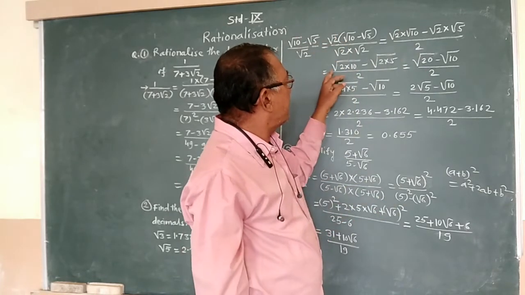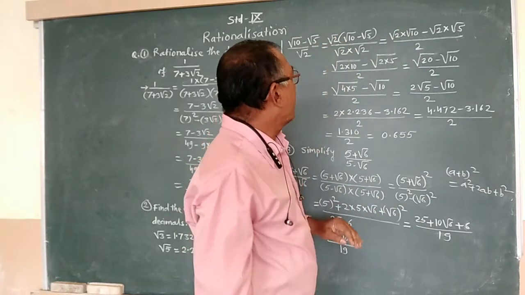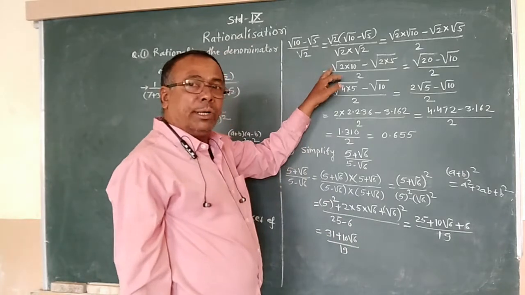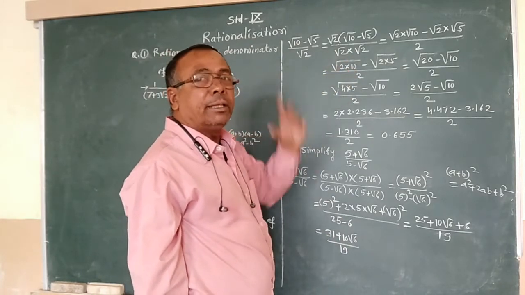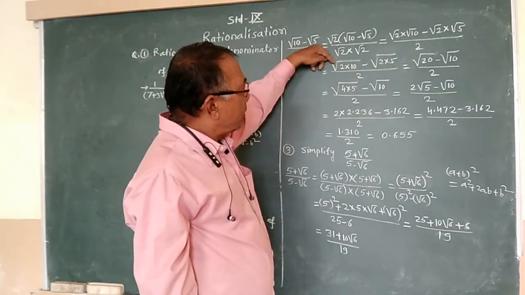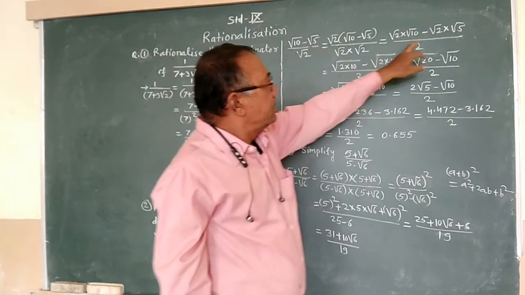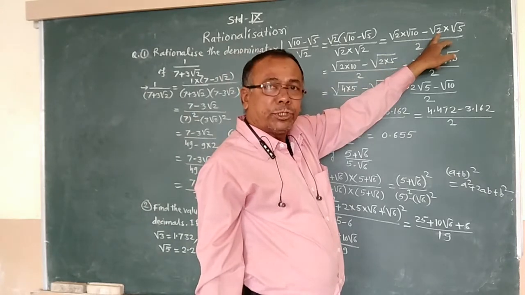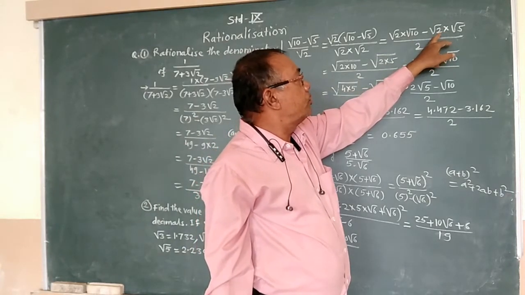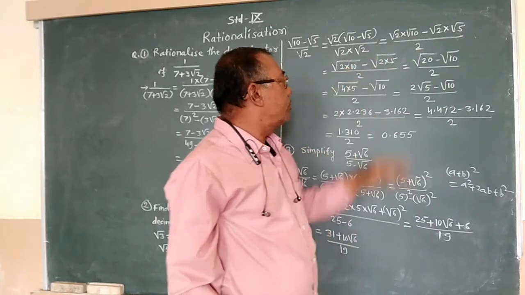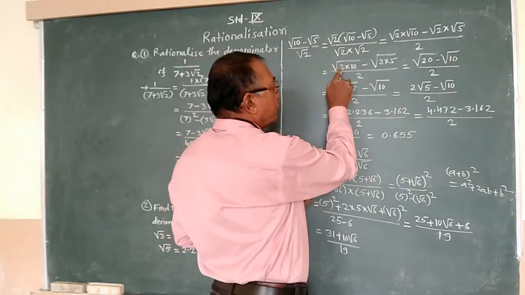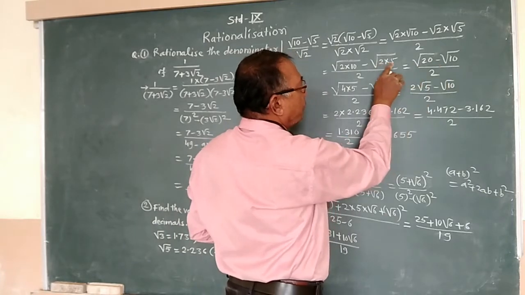So we have taken only one radical sign and put 2 into 10 in that radical sign with order 2, minus. A similar procedure can be done here: root 2 into root 5 will be under root 2 into 5, divided by 2. Here under root, 2 tens are 20, minus 2 fives are 10.